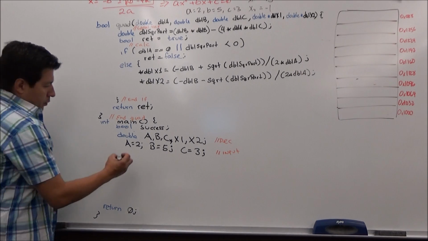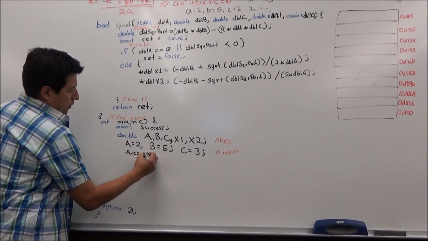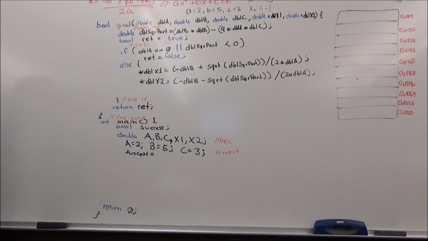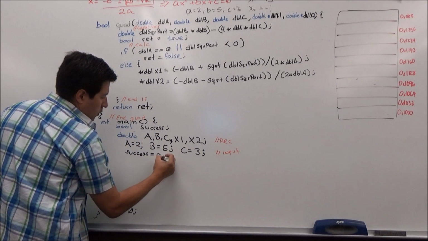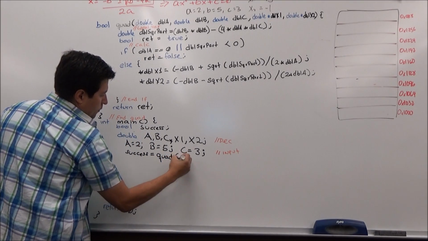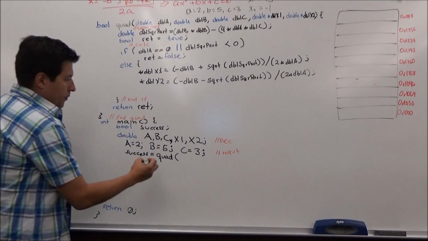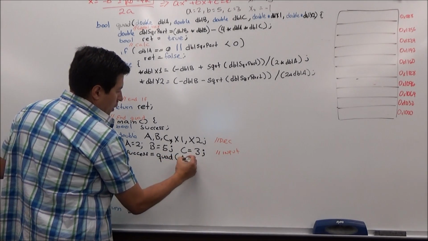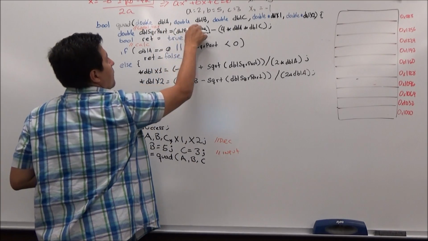So, your calculation section, it says success equals, well, I need a function or an expression. Well, there's a function called quad that takes A, B, C, which I have. Those are values, right?